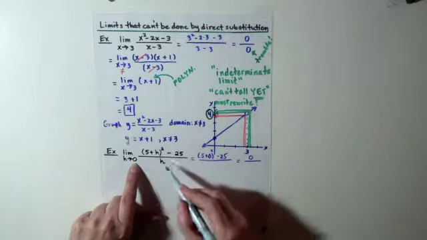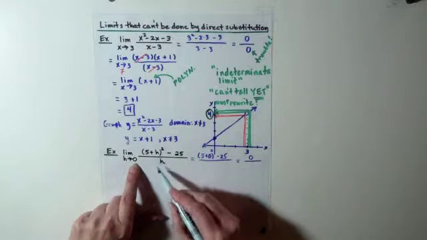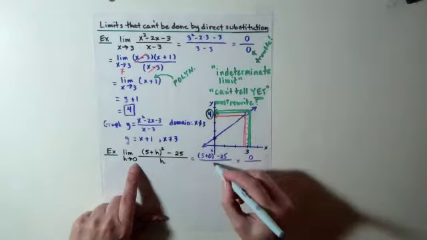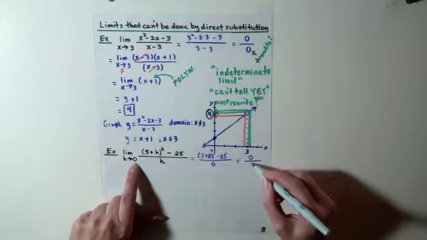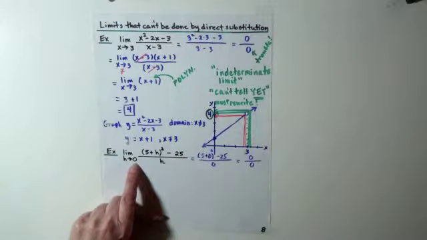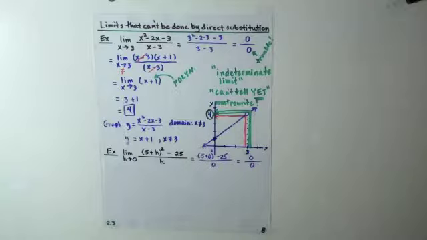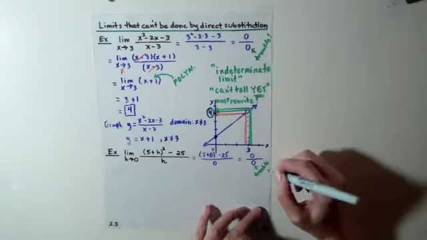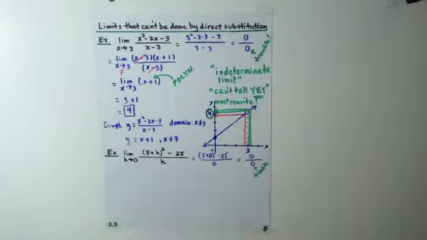In the bottom, if I found the limit, this is also a very simple polynomial, so I can just use direct substitution and replace h with 0. So I also get 0 in the denominator. Again, that means that we have trouble. We have a 0 in the denominator, which means that I cannot use the quotient law of limits in order to find this limit.